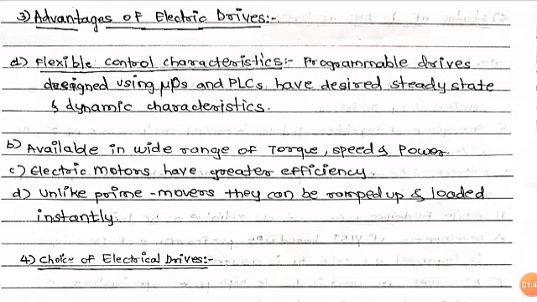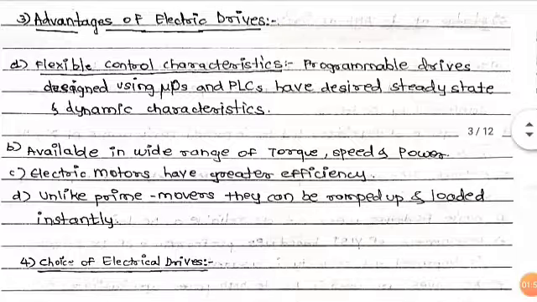As we know, the drives are used whenever there is requirement of variable speed and variable torque. So some operating point of any drive means a steady state point. Steady state point of drive means the drive running with some constant speed and delivering constant torque to the load.